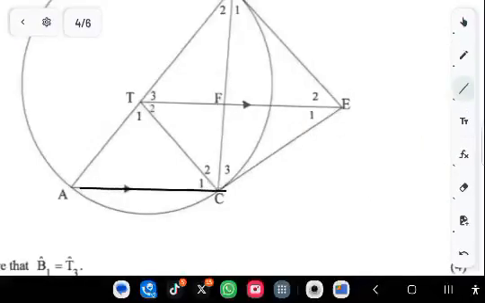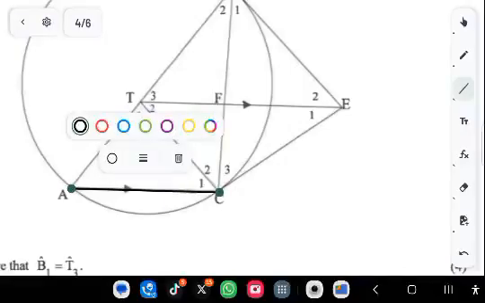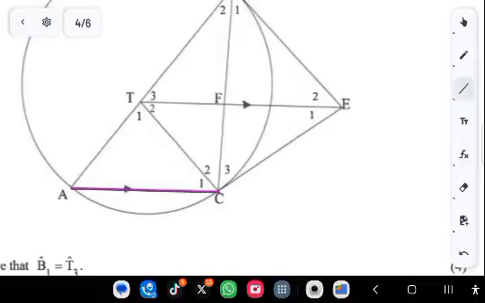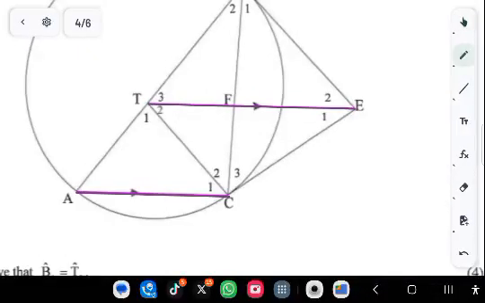Let's draw that in the same color so it pops up. Okay, let's make it purple. TE is parallel to AC. These two lines are parallel.